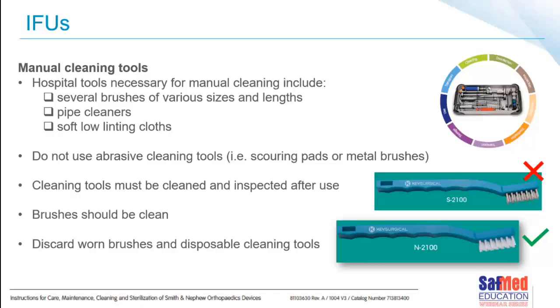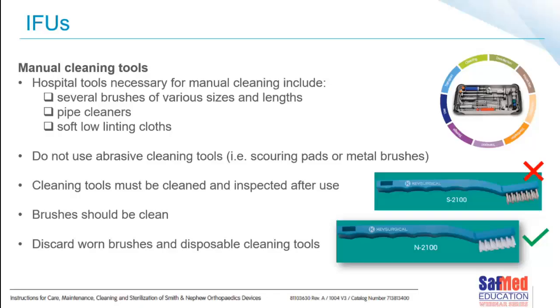It said over there under the section of manual cleaning tools, hospital tools necessary for manual cleaning include several brushes of various sizes and lengths, pipe cleaners, and soft low linting cloths. It went on to say that you should not use abrasive cleaning tools like scouring pads or metal brushes, clearly stated in this IFU.